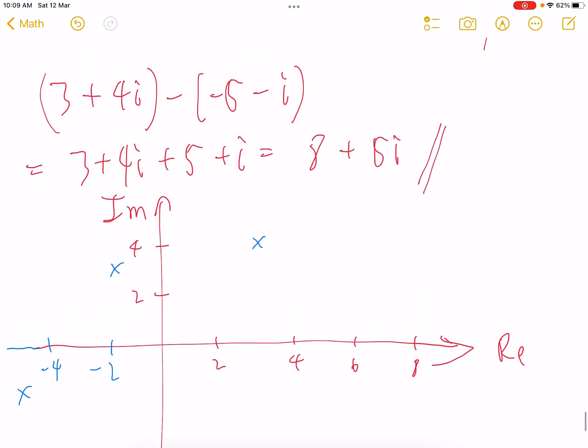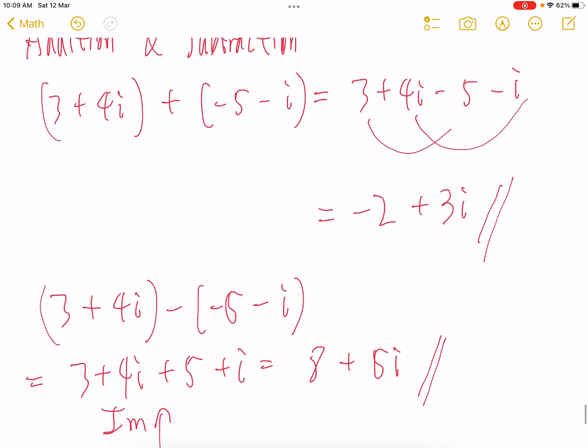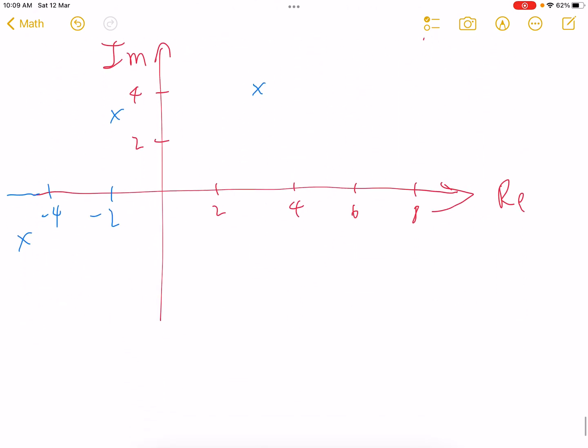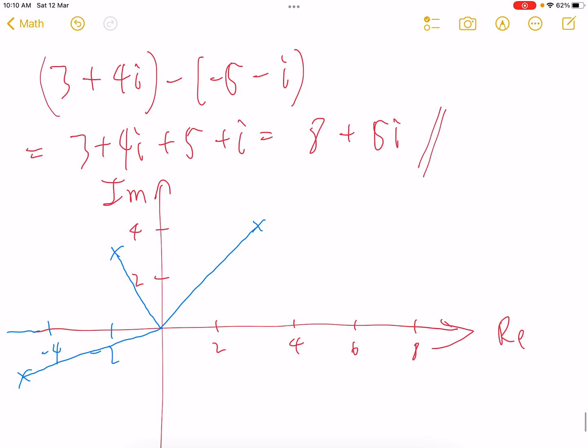So, what does that mean? Let's draw the lines connecting these points. And actually, hey, you see, it's like forming a parallelogram. It's really like forming a parallelogram.